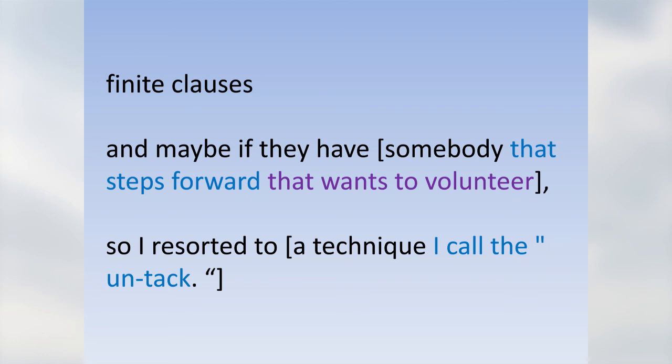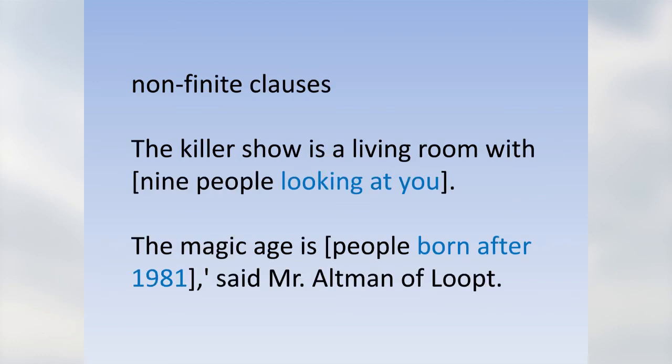It's the answer to which technique, right? Basically, I resorted to a technique would be okay. But that I call the untack is giving more information. It's modifying technique. So finite clauses is a category that can be an internal modifier.